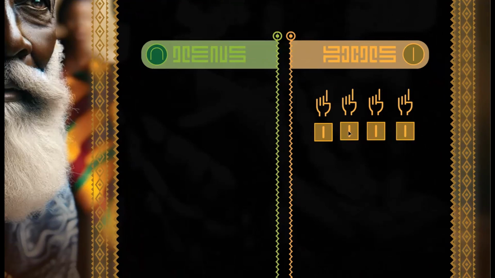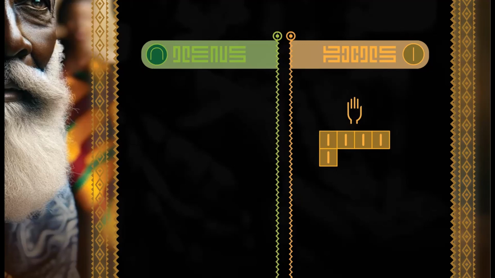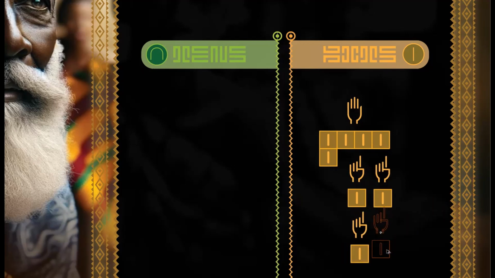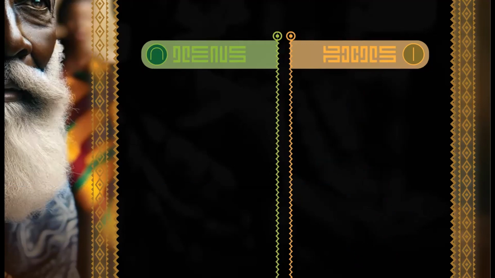And we would clear fractions of 5, and then we would carry in a hand, which is 5. Continue counting 6, 7, 8, 9. Then clear a fraction of 10, and then carry in a group of 10.